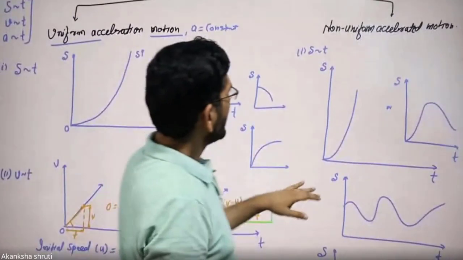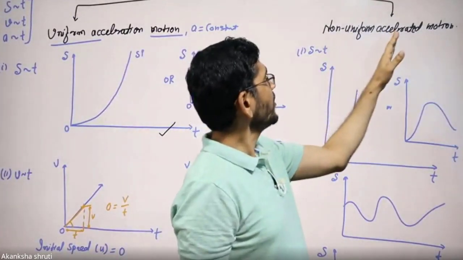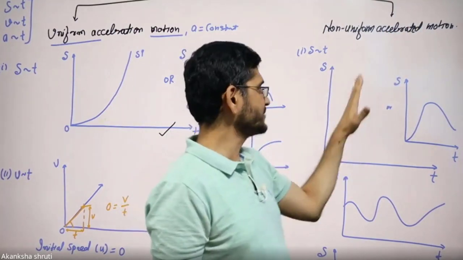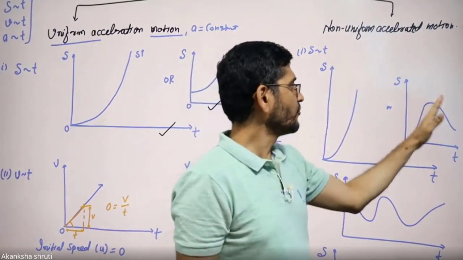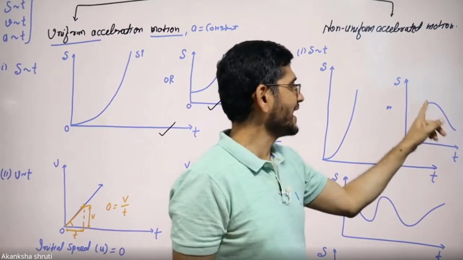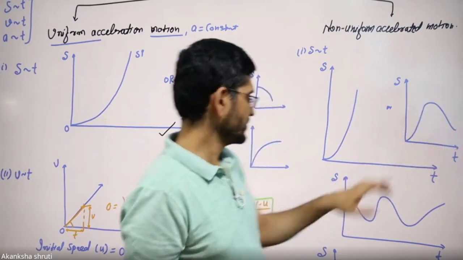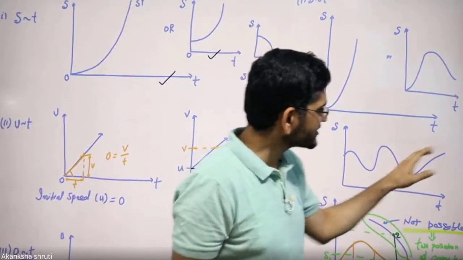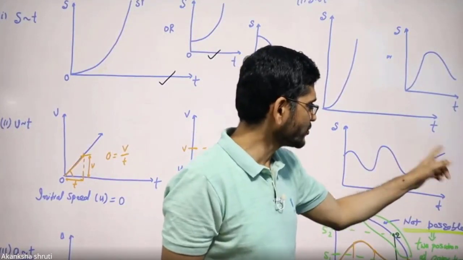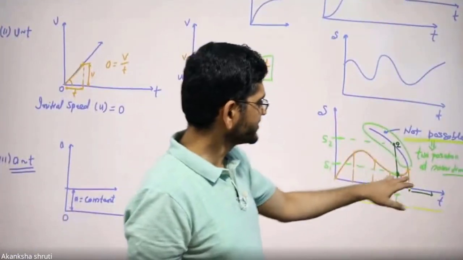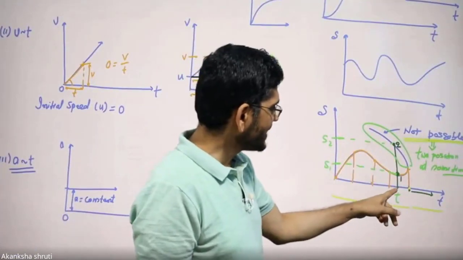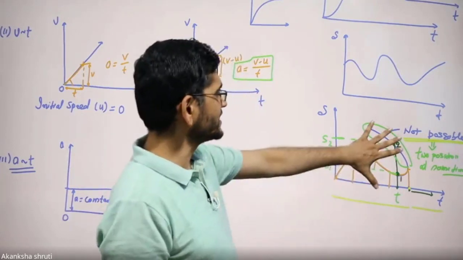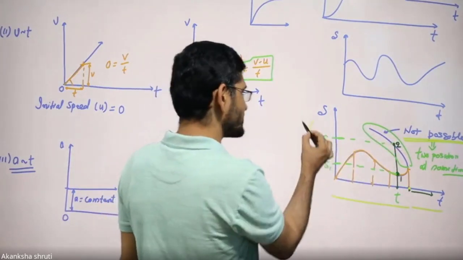But for non-uniform motion with non-uniform acceleration, either this rise is very sharp, or the distance increases once and decreases another time, or even zigzag. But keep in mind, this should always continue rightward. It cannot return back, because if it returns, the body has to occupy two positions at the same time, which is not possible. So this graph is not possible at all.